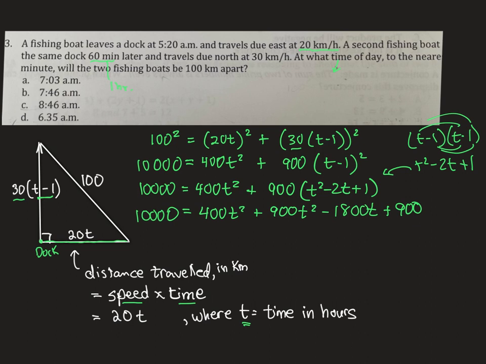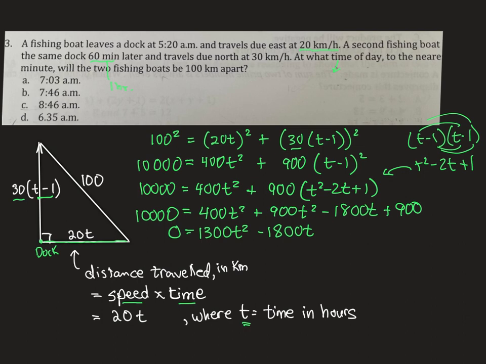So what I see now is we've got t squared, so we've got t's, so this is a quadratic equation. I'm going to bring the 10,000 over to the right-hand side by subtracting it on both sides. 400t squared plus 900t squared is going to be 1300t squared, minus 1800t, still the same. And then 900 minus 10,000, one second as I grab my calculator.